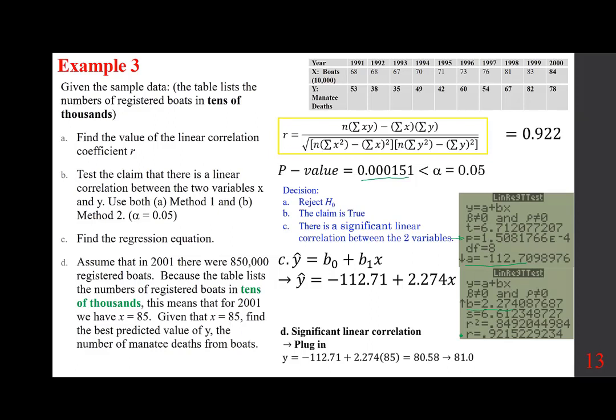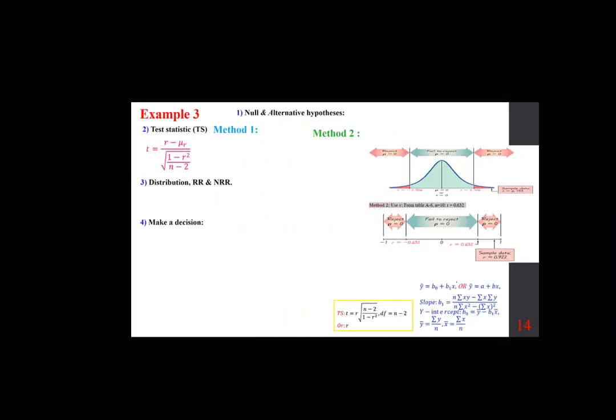Let's quickly do the test of hypothesis on that again, just for practice. The first step is identical as before: we have H0 and H1. H0: rho equals 0, H1: rho is not 0, and that is a two-tailed test, that's a claim. Now you have to calculate the test statistic using the t-distribution. For method 2, it is simply R, which is 0.922 from the previous page. We need the distribution, rejection region, and non-rejection region.